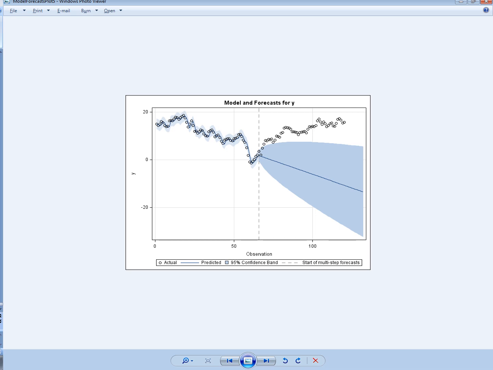Well, I said in a previous slide that if I have a situation that's piecewise no trend and piecewise linear trend, I would use a dampened trend model rather than a linear trend model. So I probably should have used the dampened trend model. A dampened trend model would probably fit the data better. In fact, I'll give you that data set. You can play around with it yourself and try fitting the dampened trend model and see how it works.